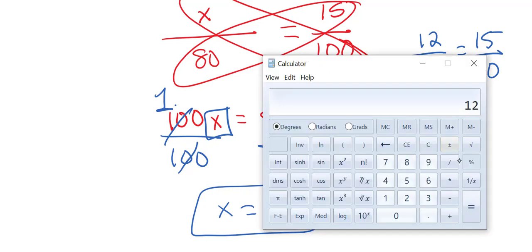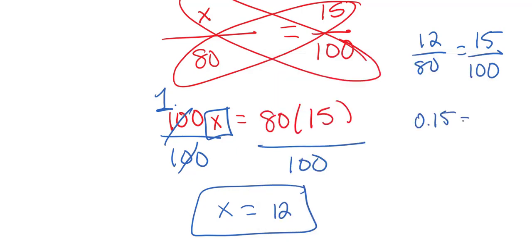So if you have 12 divided by 80, what does that equal? It equals 0.15. And 15 over 100 is equal to 0.15. That's how this works out: these are ratios that are connected to each other, equal to one another. So that's how we can learn to solve for things.